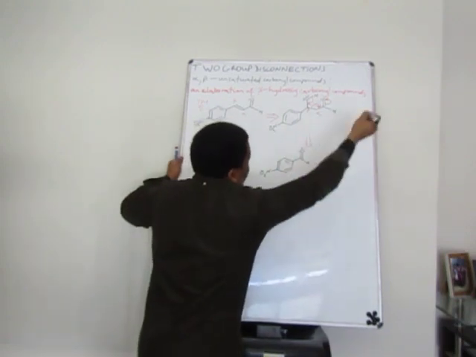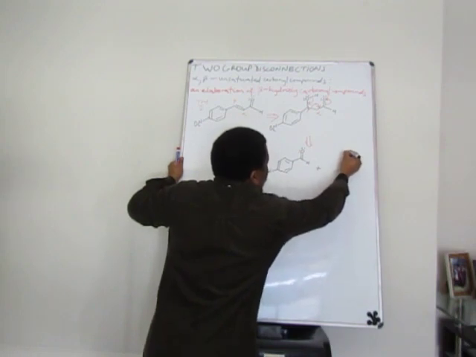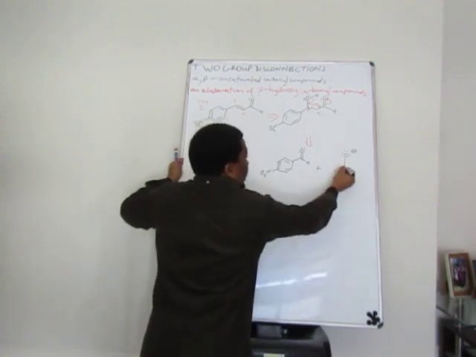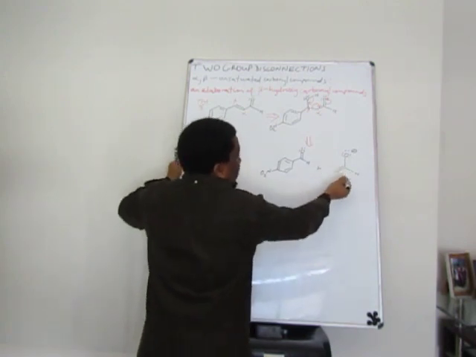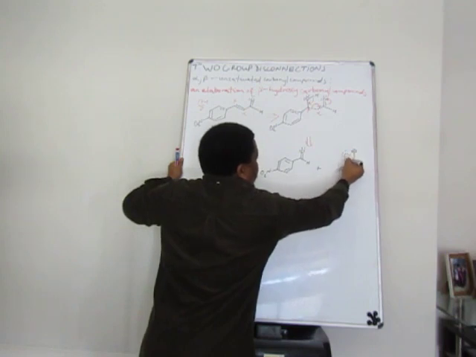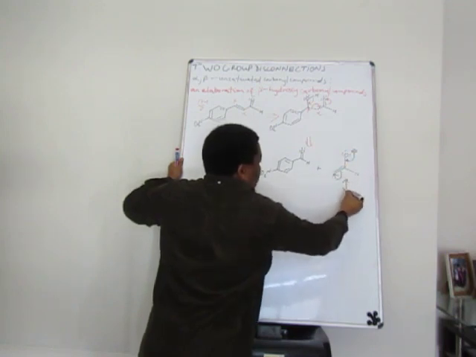What about the other side? The other side will give me a C double bond O and a negative charge that side. Then I shouldn't forget my hydrogen. But I know that this ion could come to this carbon atom to give me a carbonyl.